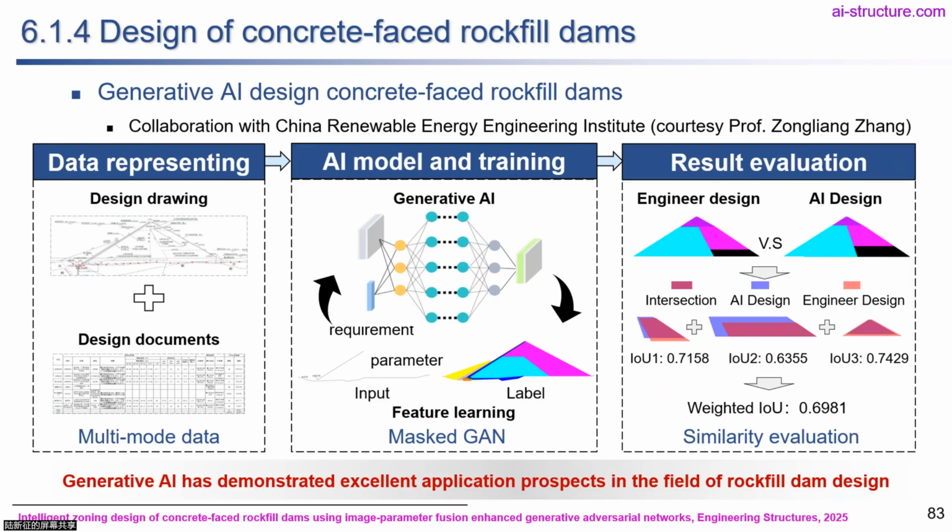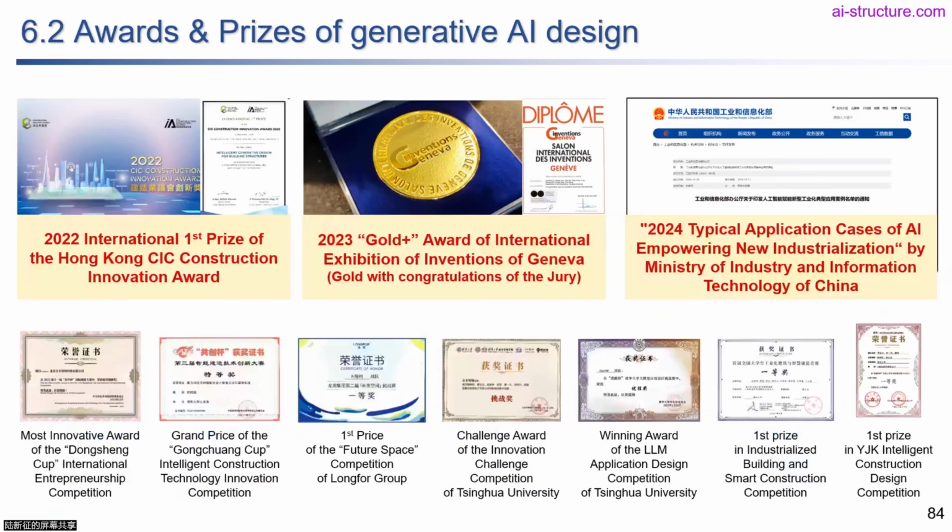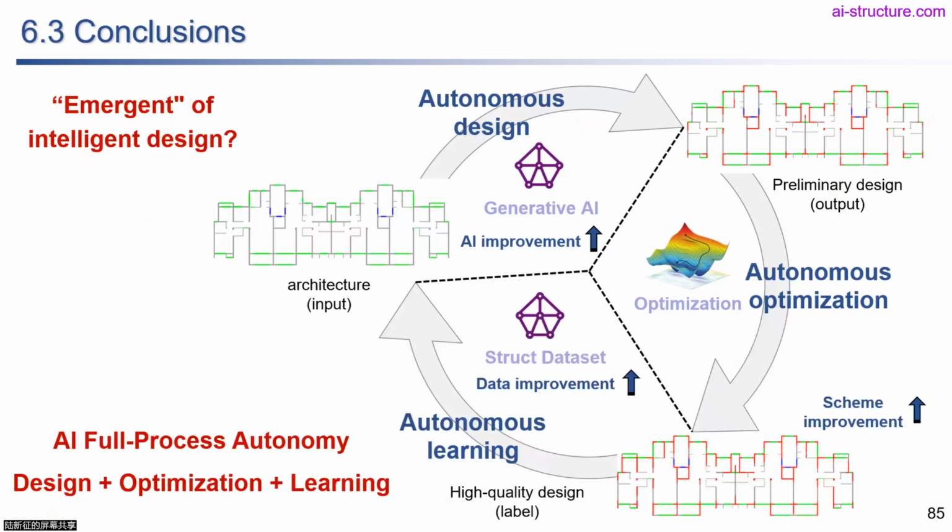And here are some of the awards we have received in recent years for this technology. We think we are approaching a very important time for AI design, because AI can generate results, AI can optimize the results, and the optimized results can be sent back for AI to learn from. If you look inside this circle, you find that we actually don't need the help of people.